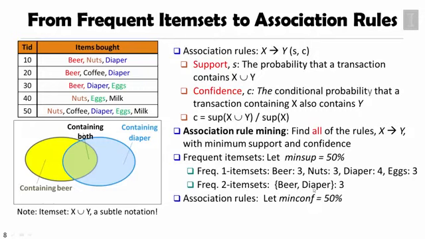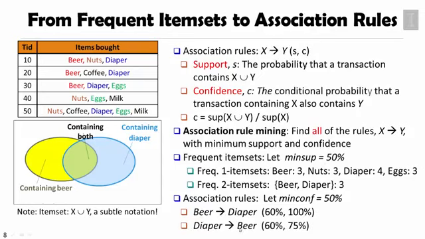From here, if we set minimum confidence to 50%, we are going to derive 2 association rules. For these 2 rules, using this computation, beer and diaper together is 3 here. Then it's 60% because 3 over 5.